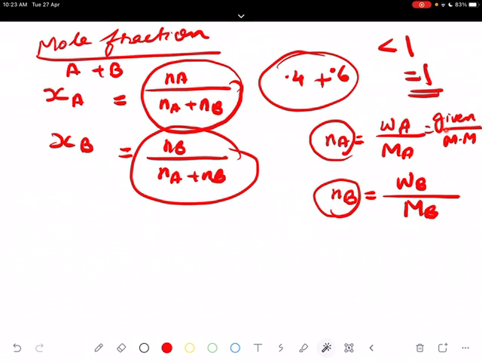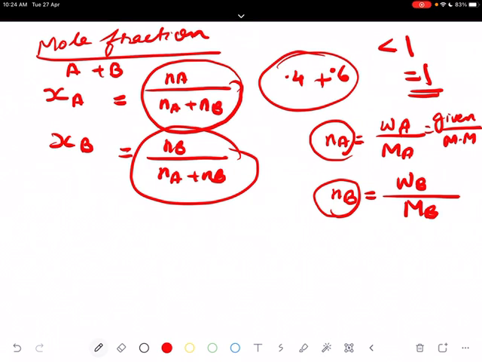Mass will be given, any mass will be given. So first you have to find the number of moles of A and number of moles of B. Then Na upon Na plus Nb will give you Xa, and Nb upon Na plus Nb will give you Xb. See, we have found the mole fraction.